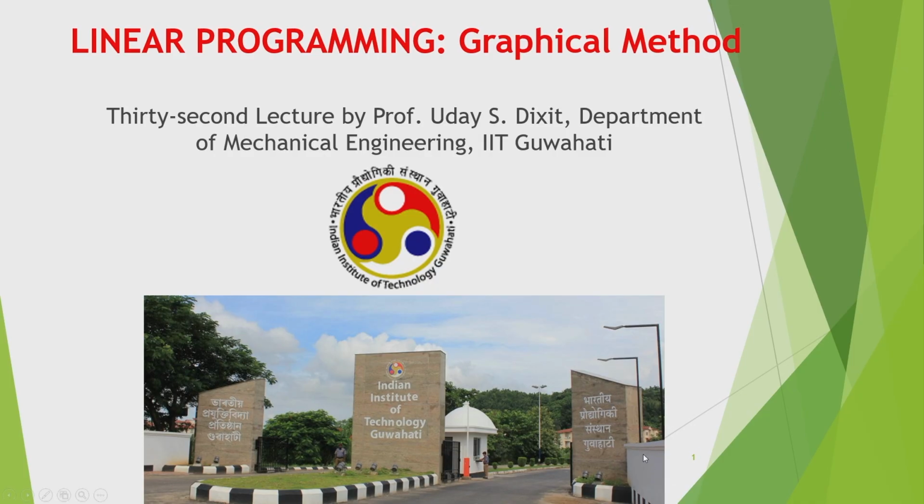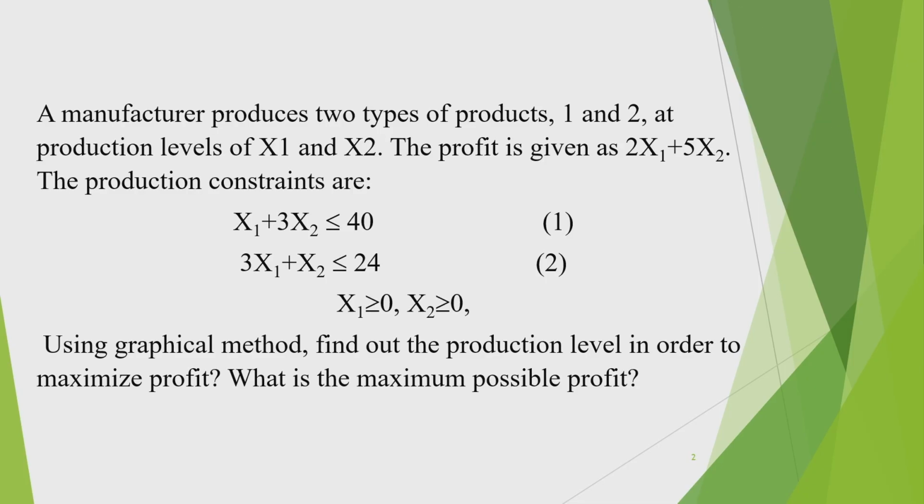Because first, some problems may be two variable problems, and second, we will get insight that can be helpful in understanding other things. So let us discuss the graphical method, and to understand it properly, let us use an example.